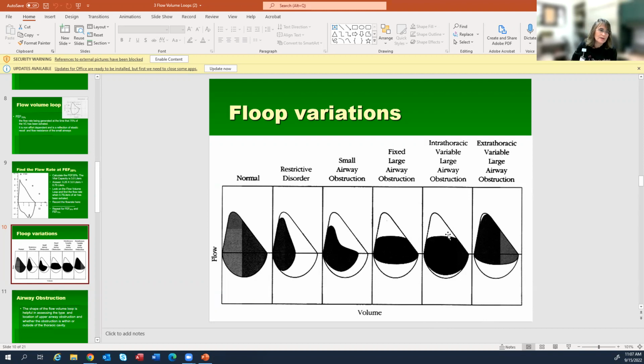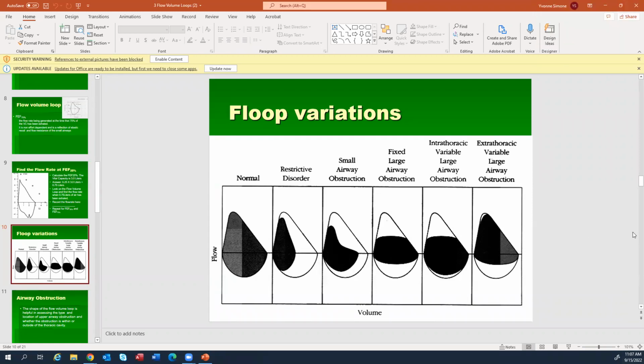I need to pull my notes out. I don't know if you guys have the notes in front of you for different examples of these flow volume loops. No, I'll get it. You mean for each one of them? Yeah. I think, weren't you saying the small airway obstruction is like asthma and COPD? Yes.